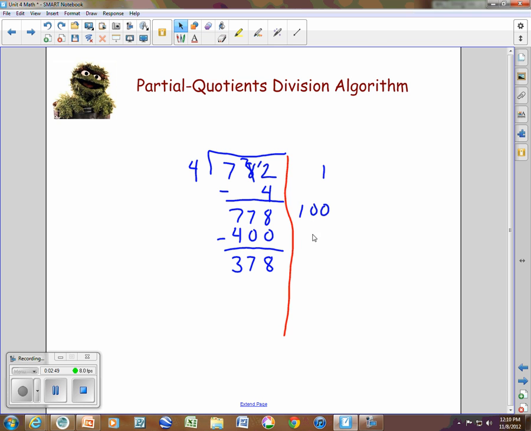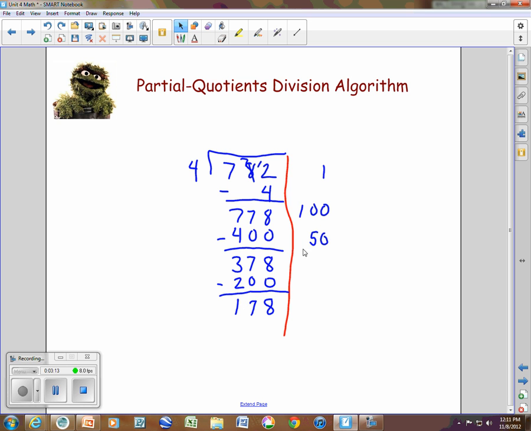But I could maybe do 50 4s. And what I'm going to do is with that 0 and 5, I'm going to put that in my answer. And then I'm going to multiply 5 times 4, and that's 200. So I just took a chunk of 200 away from what was remaining, 378. And when I subtract that, I get 178.